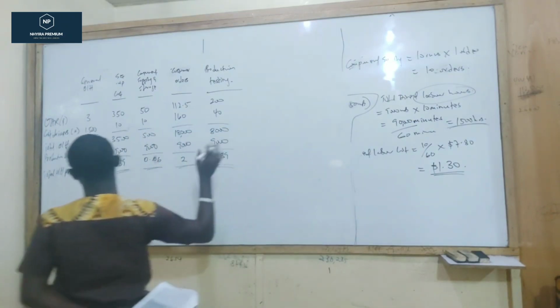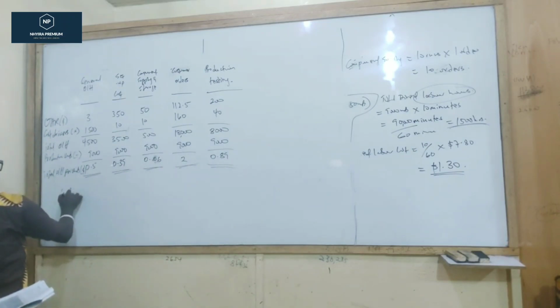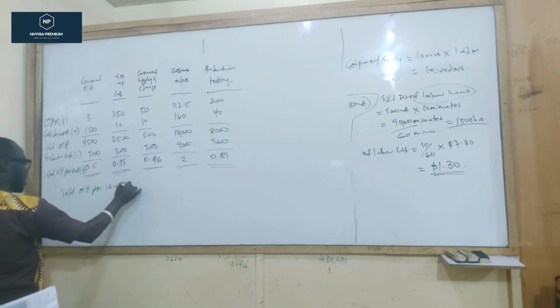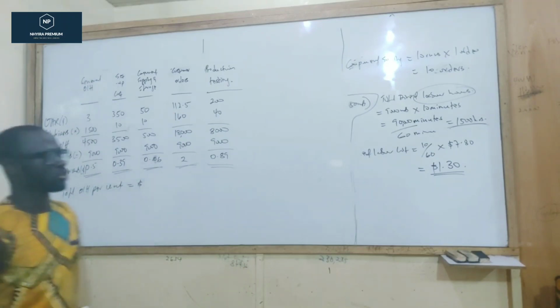So let's add all up to give us the total overheads per unit, and that's what will be taken to the cost card or the cost sheet.